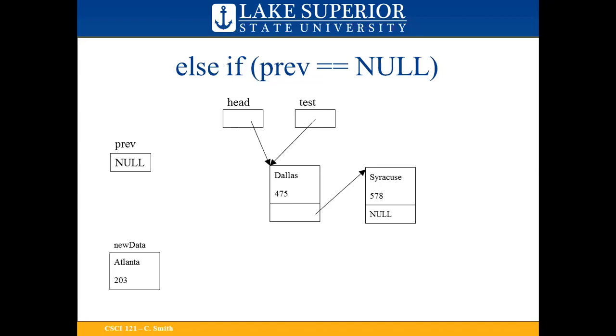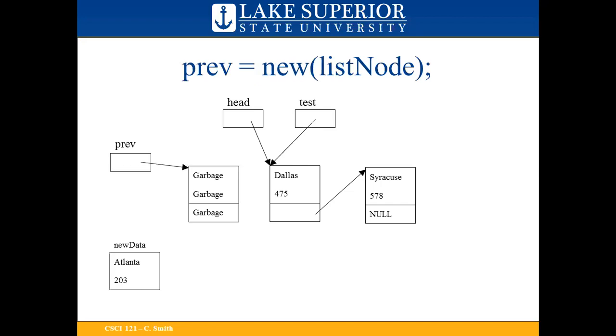Okay, so again, we're going to take a few steps here. We've got to allocate space. And so we do that by saying prev equals new list node. That new space has garbage in it. Okay. And we take care of the pointers. So previous arrow next is equal to head.